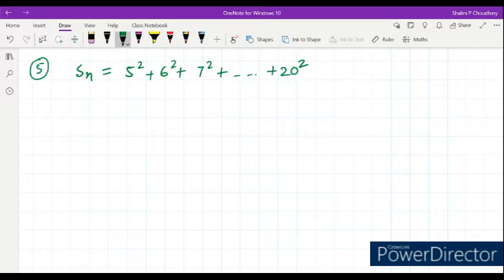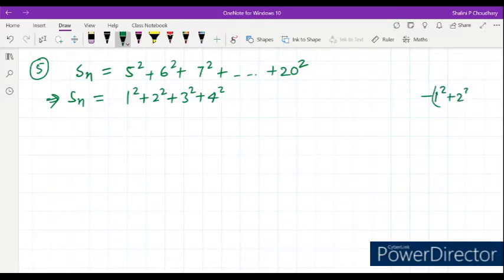First one is we can add 1 square plus 2 square plus 3 square plus 4 square, and we are also subtracting 1 square plus 2 square plus 3 square plus 4 square.